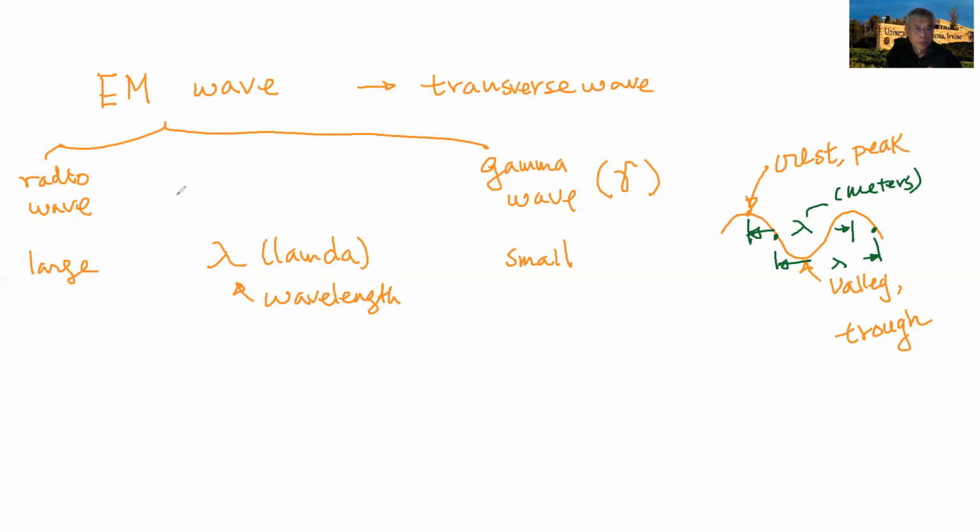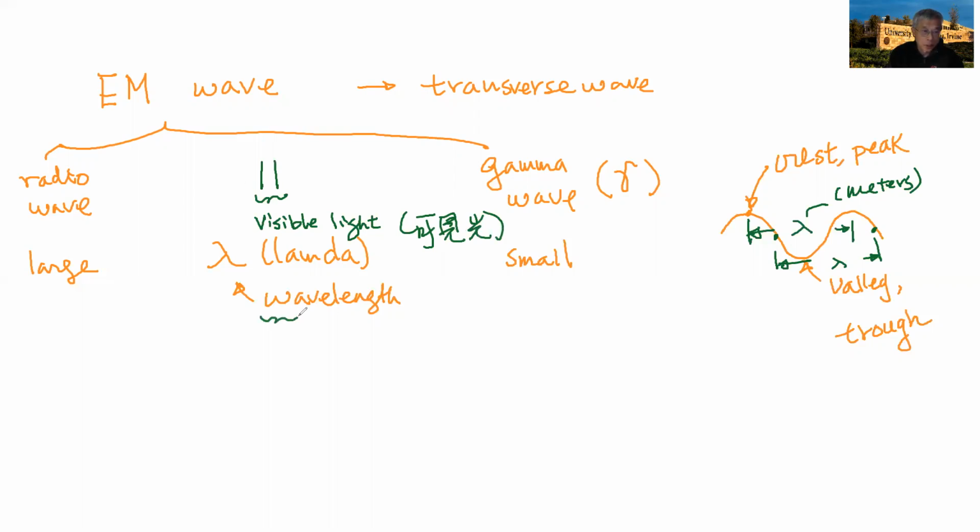So this is EM wave, and in the middle we have visible light. This very small region here is visible light, 可见光 in Chinese, meaning that we humans can see it.